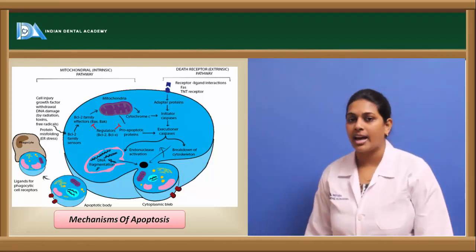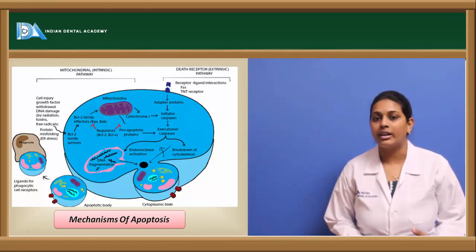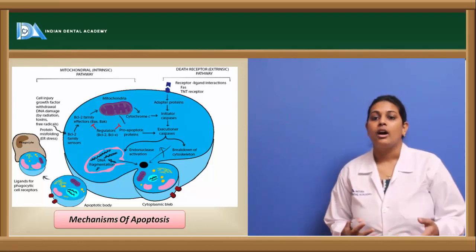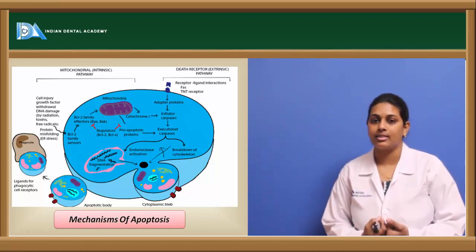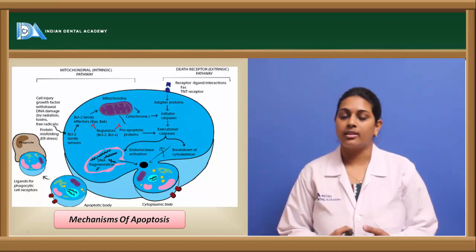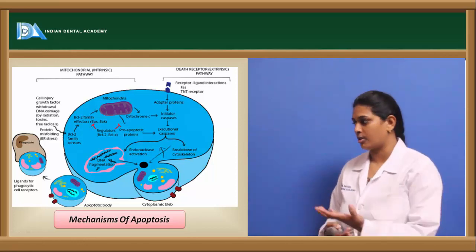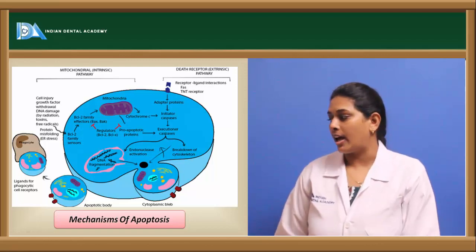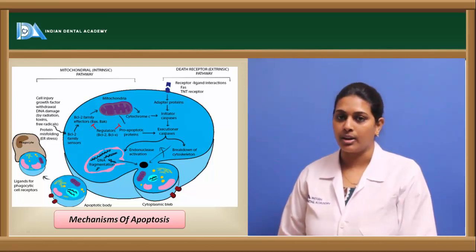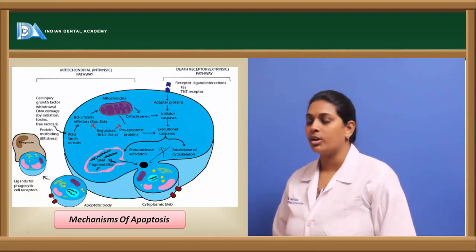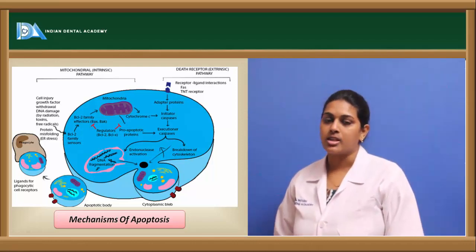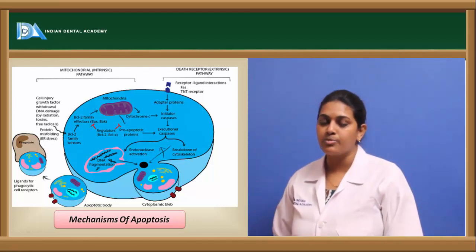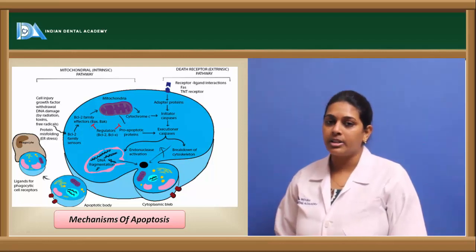This initiator caspases, as we have seen, both the mitochondrial as well as the death receptor initiated pathway together, cause the activation of the execution pathway, which can be seen together. This execution pathway is involved in activation of endonucleases. Endonucleases are the enzymes which are involved in fragmenting the DNA.